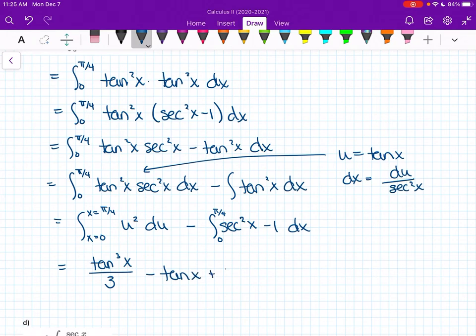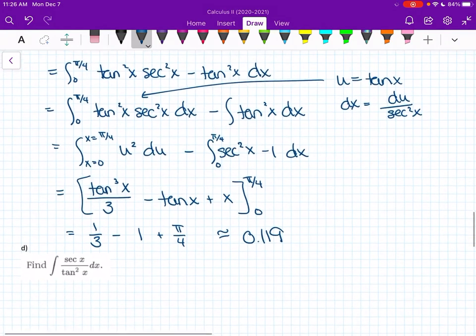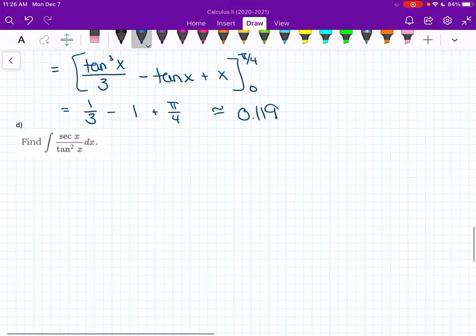And then we have minus a minus, so plus x, and we're evaluating all of that from 0 to π/4. And tan 0 is 0, so I just need to plug in π/4. So I'm going to get a third minus 1, and then plus π/4. Plug it into my handy dandy calculator, and we get 0.119.